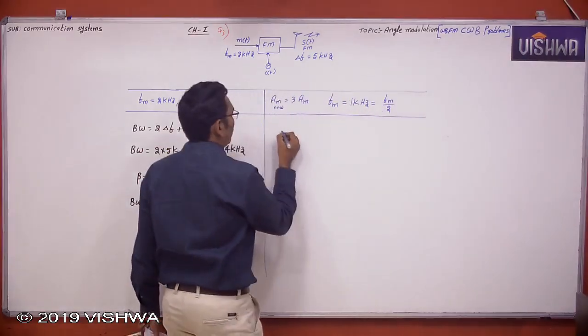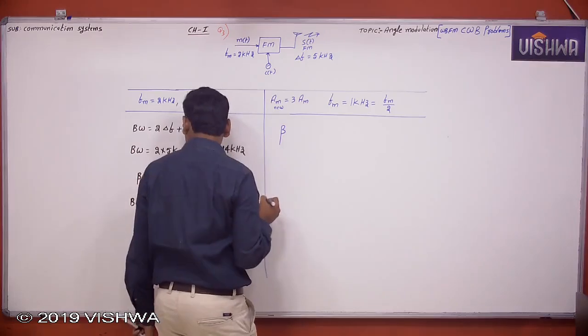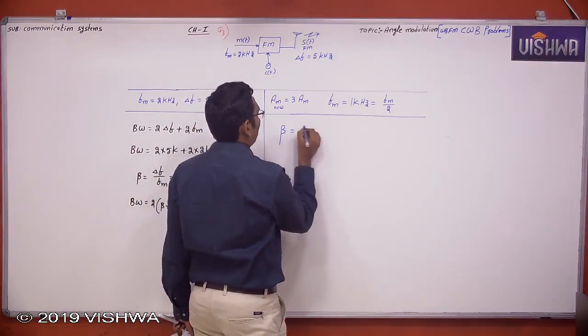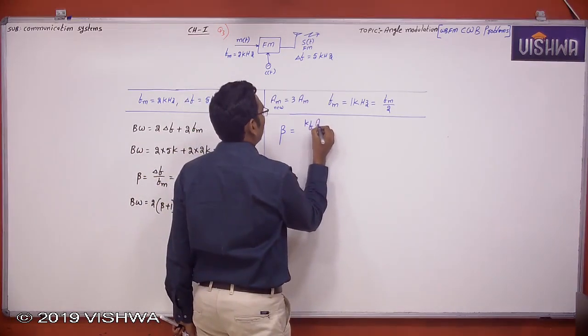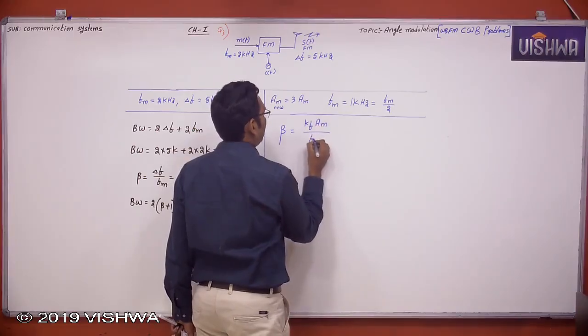So what about the modulation index? Now the modulation index is equal to Kf into Am by Fm.